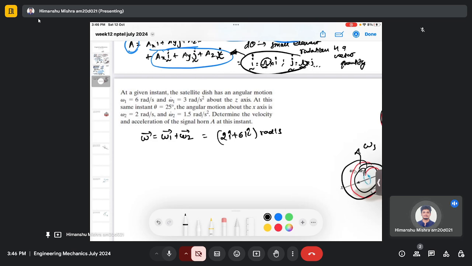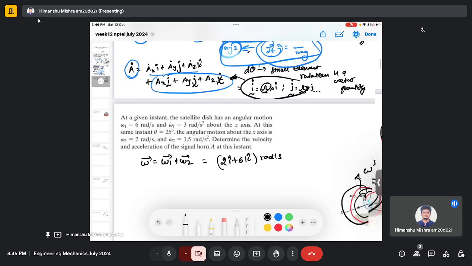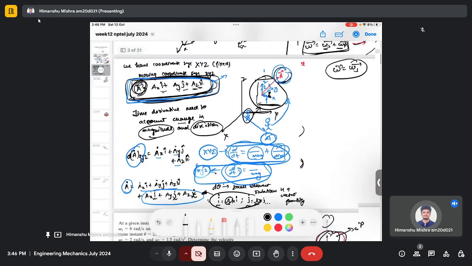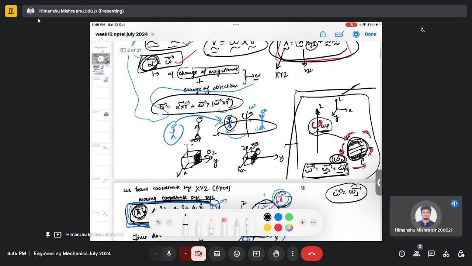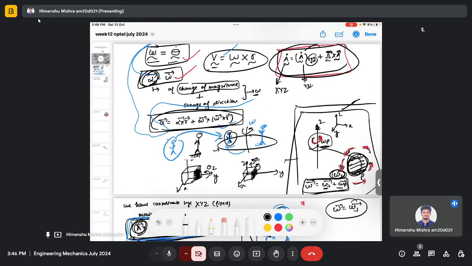Now we need to calculate the angular acceleration, because to calculate the velocity and acceleration of point A, we will be using these formulas. This one is for acceleration, and this we can use to find the velocity of point A. You can see that we need the angular velocity and also the angular acceleration to calculate V and A from these expressions.